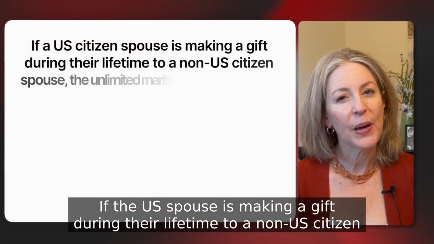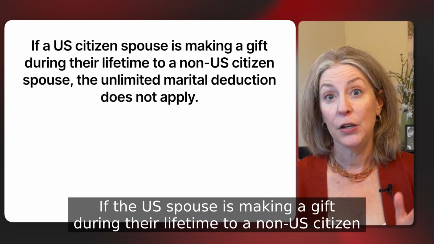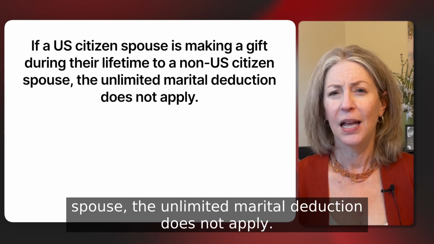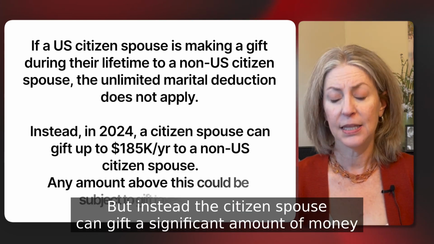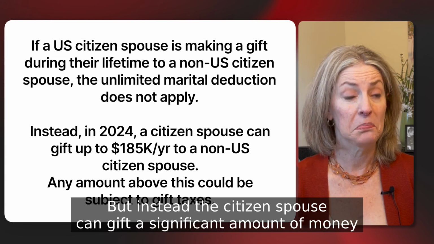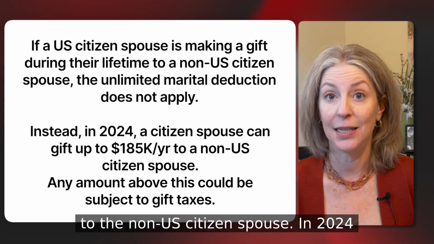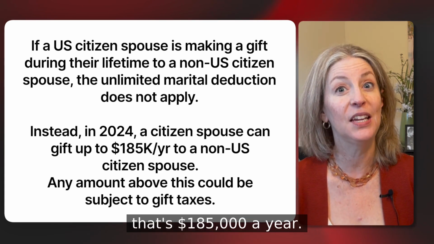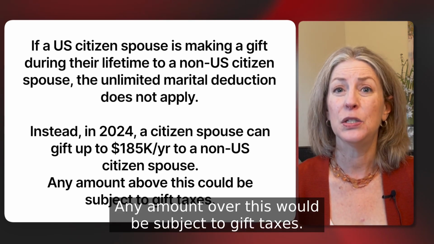If the US spouse is making a gift during their lifetime to a non-US citizen spouse, the unlimited marital deduction does not apply, but instead the citizen spouse can gift a significant amount of money to the non-US citizen spouse. In 2024, that's $185,000 a year. Any amount over this would be subject to gift taxes.